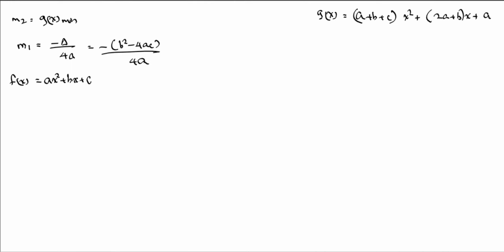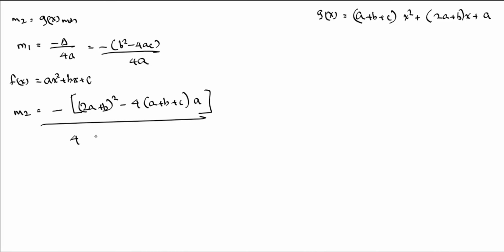Now if you consider the same pattern as f(x), m2 equals minus, wherever you have b squared you can put (2a plus b) squared, minus 4 times (a plus b plus c) times a, in a square bracket, divided by 4 times (a plus b plus c).